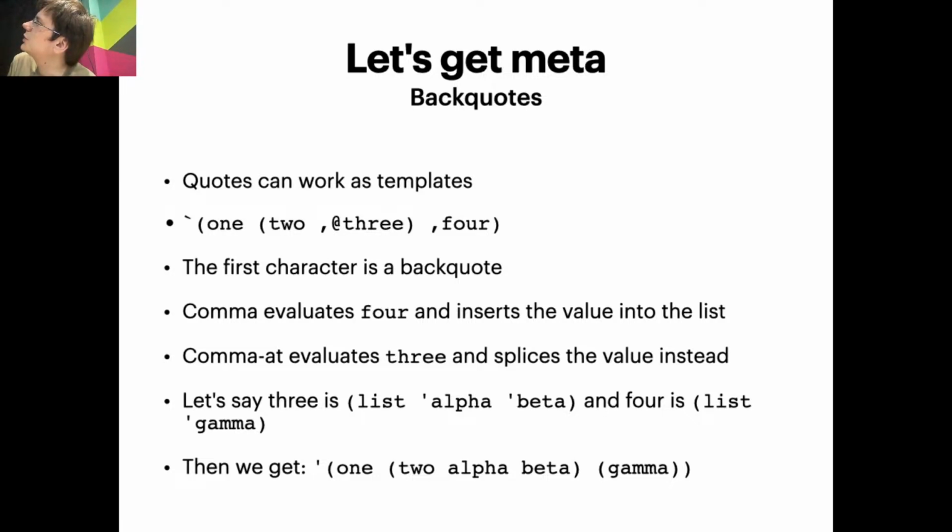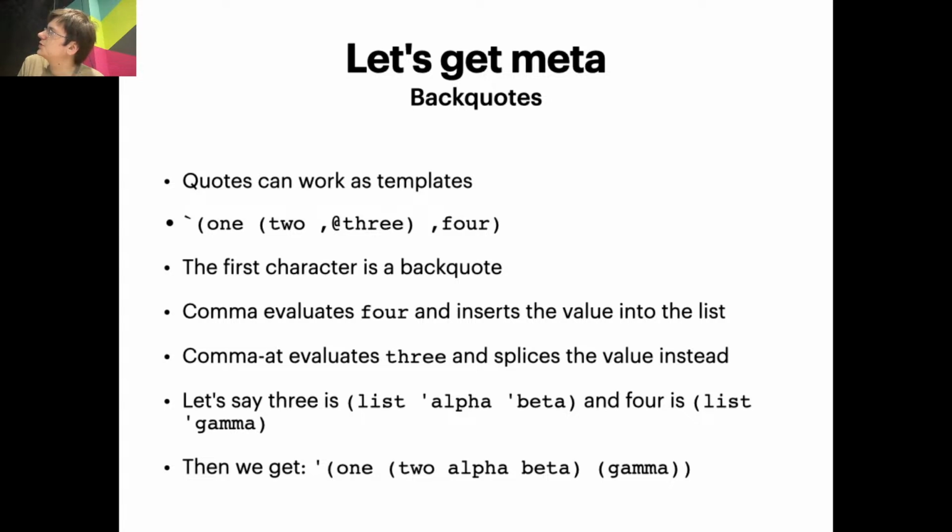And the comma-at prefix is a bit more complicated. It doesn't just insert the value of 3 in our list, but it also splices it into this inner list that consists of 2 and 3. So you can see the expansion below.